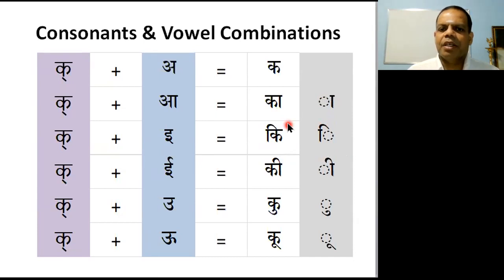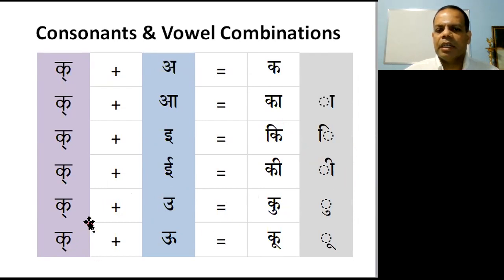Uk plus i is ki. Then ik plus i, which is the longer ikara, gives you kee. We do something similar, but the bar is written on the right side of the consonant, and the same half circle connects them. Kee.